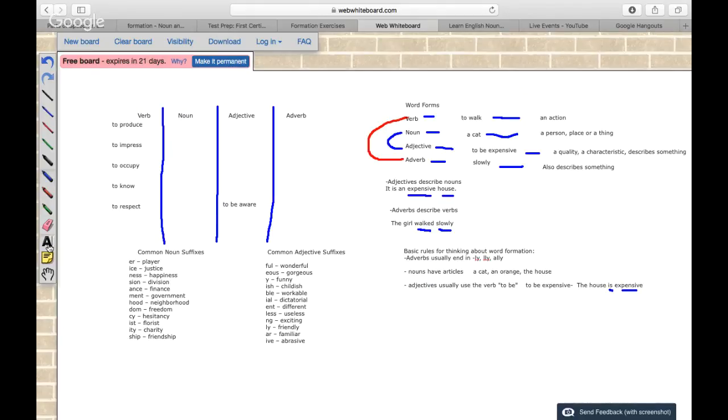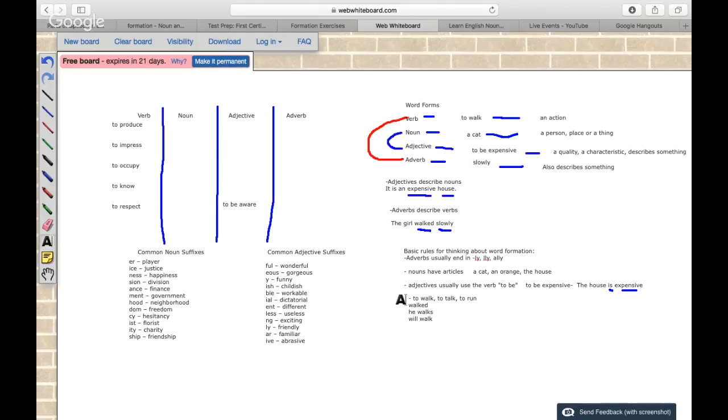Okay, and then the base form of the verb, like when it starts out, we always use to, right? To walk, to talk, to run. And from there, we change it. In the past, walked. In the present, third person, he walks. In the future, will walk.